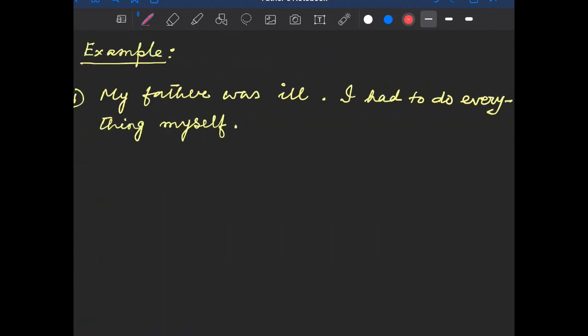Now see the first example. My father was ill and I had to do everything myself. From this example, I want to clarify what a nominative absolute is. Okay, now see, my father is a nominative. Nominative means noun.